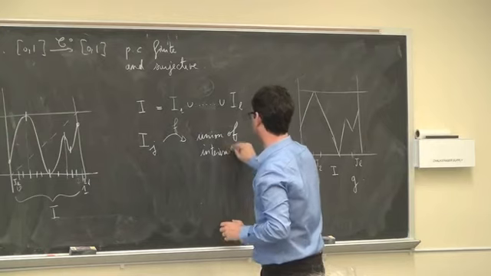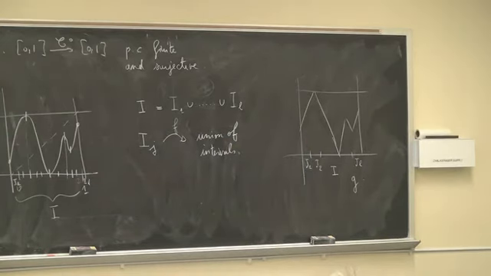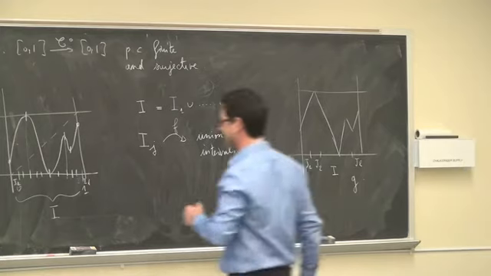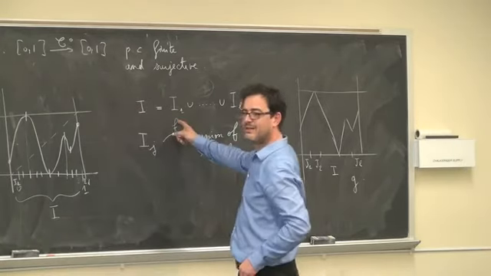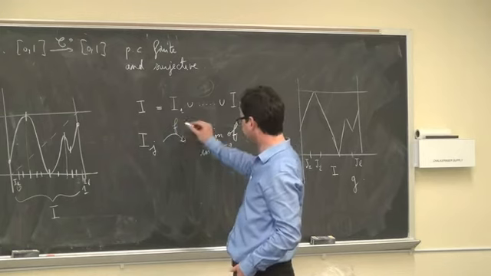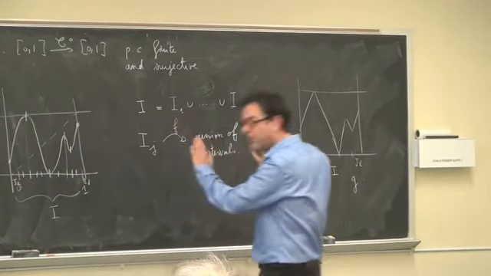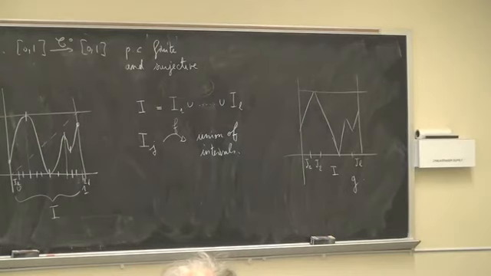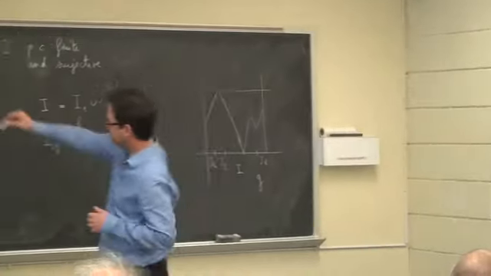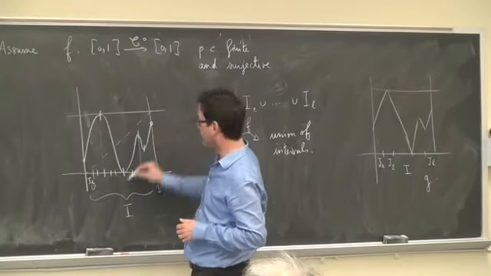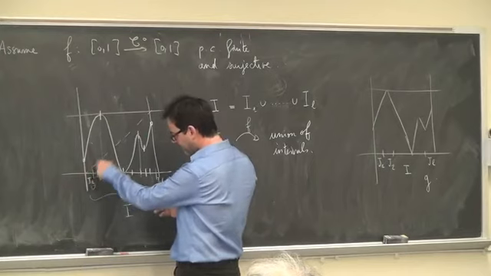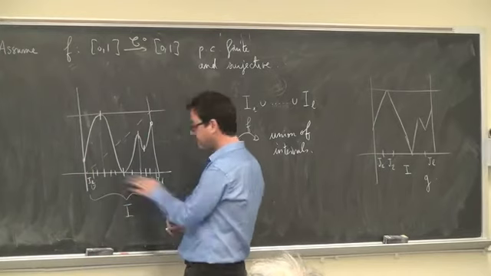I'm not iterating, I just apply F once. So here I have critical points, and I cut the interval along the post-critical orbit, which is fine.